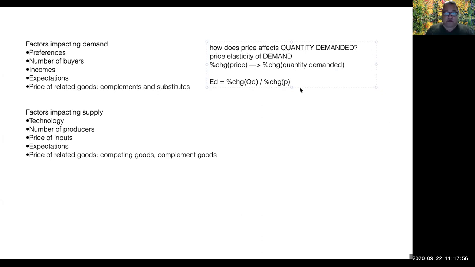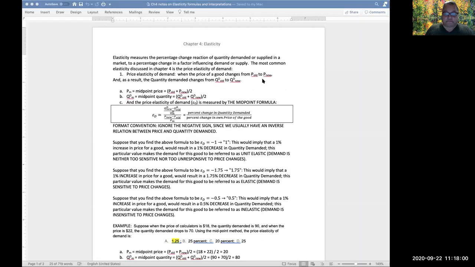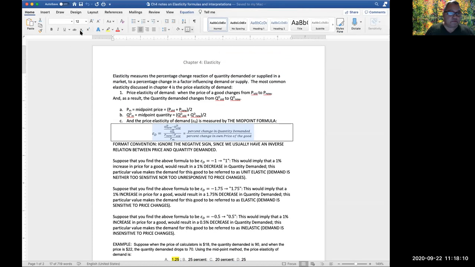Okay. So if we go to our notes, this formula that you see in this box, I'll try to highlight it in yellow so you can see it better.